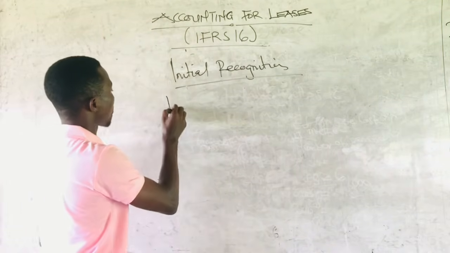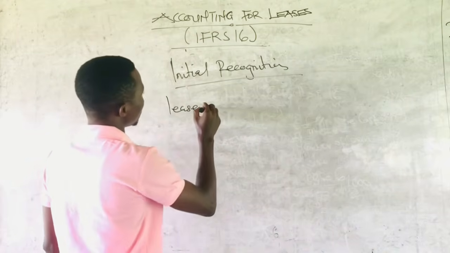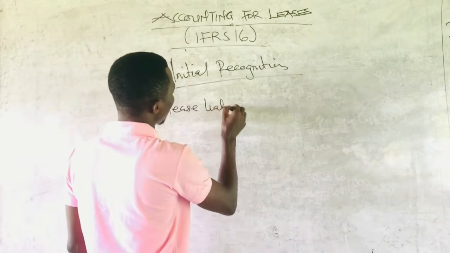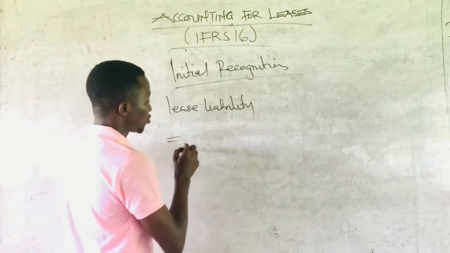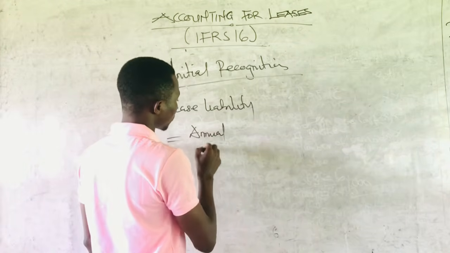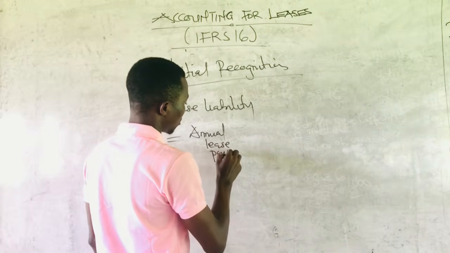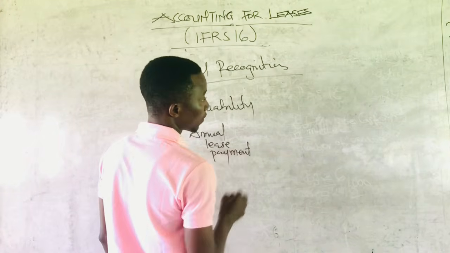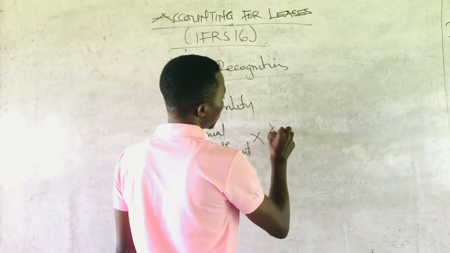Lease liability is equal to the annual lease payment multiplied by the annuity factor.